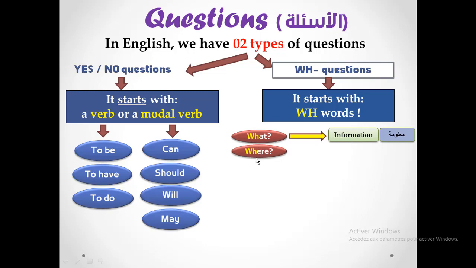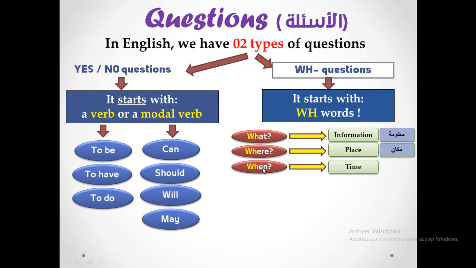Where, WH. It is used to ask about place. Like where are you from? When, it's used to ask about time. Like when do you come to school? Who, it's used to ask about person identity. Like who is your friend?